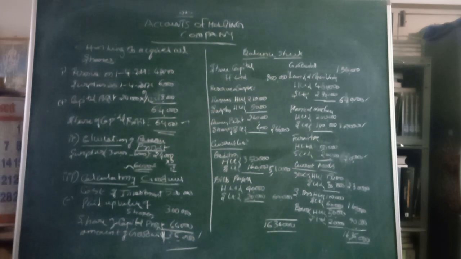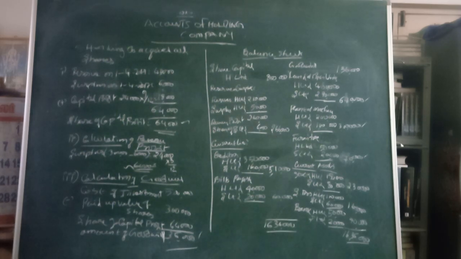So in this case we are given the reserve on 1/4/2017 as 40,000, and in the adjustment, the 1/4/2017 surplus is 6,000. The total amount of surplus given in the question is 30,000. That 30,000 includes this 6,000 also, right?